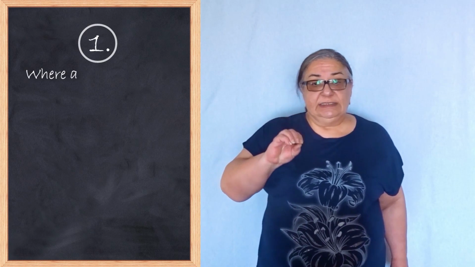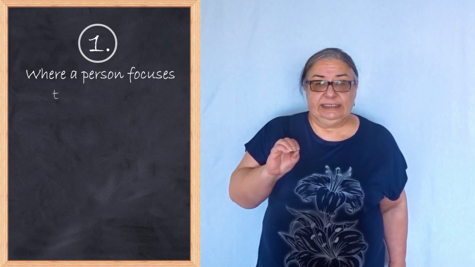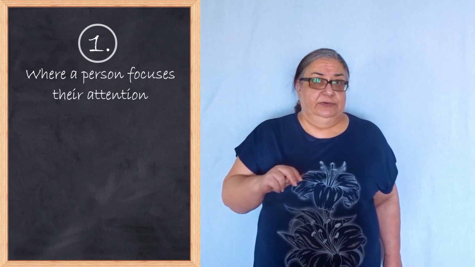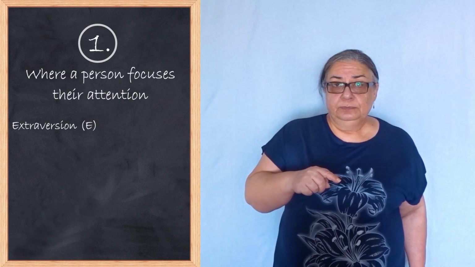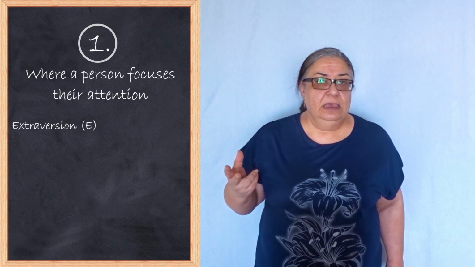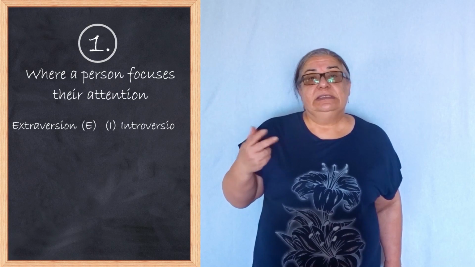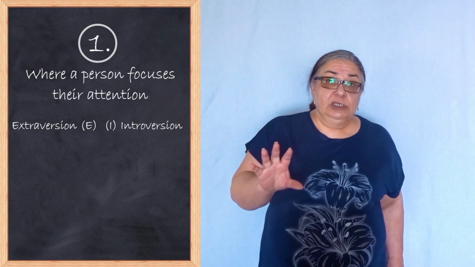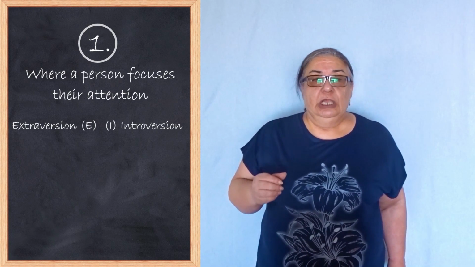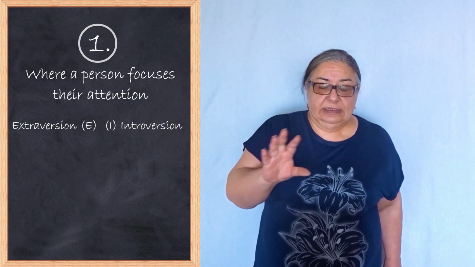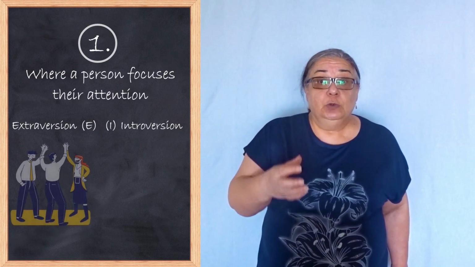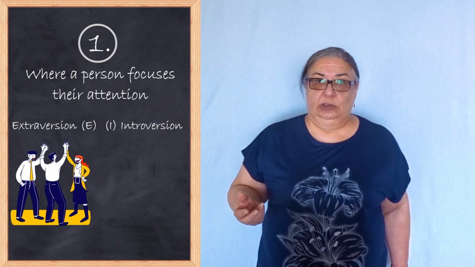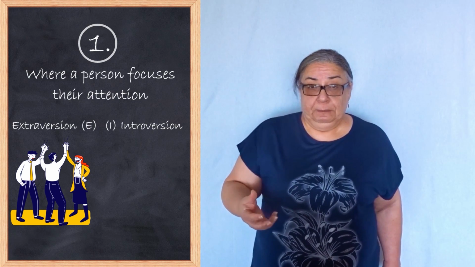The first aspect is where a person focuses their attention. We have two categories here: extroversion, symbolized by E, and introversion, symbolized by I. Extroversion refers to people who tend to focus on the outer world of people and things.